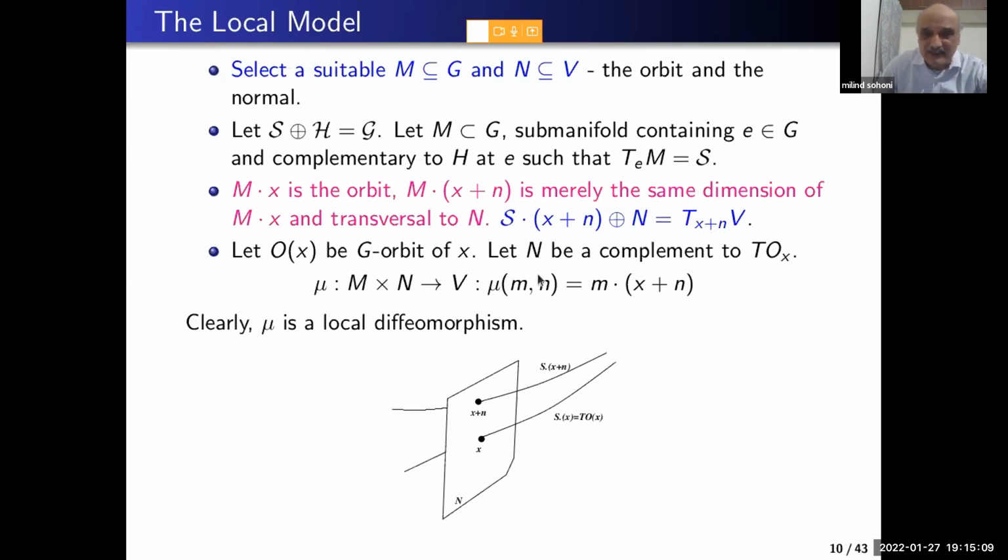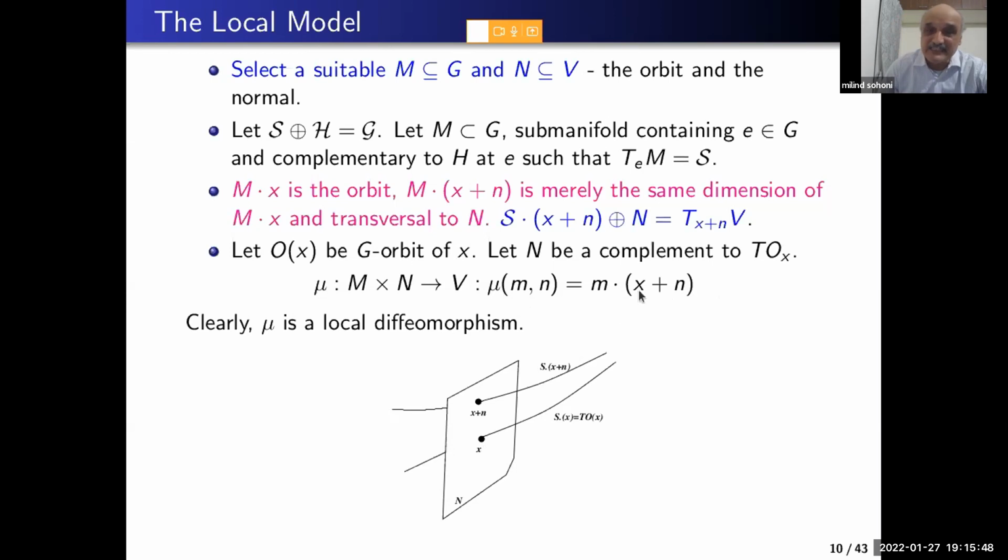So what we really have is the decomposition of the ambient space here, Tf of X as S dot X plus N plus the complement. So essentially, in this neighborhood there is a uniform parameterization of the tangent space by S and by N. So our model is really mu of M cross N: given M comma N, it just goes to M dot X plus N. So when M is the identity E, then this is just X plus N, the normal plane.